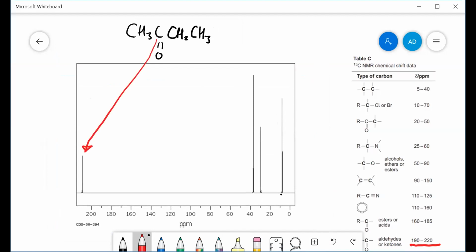This one here, I would guess, would be the lowest one because it's furthest away from the electronegative oxygen. And then the green one and the blue one, I don't think we can really say which is which, but certainly these two peaks are in this area here.